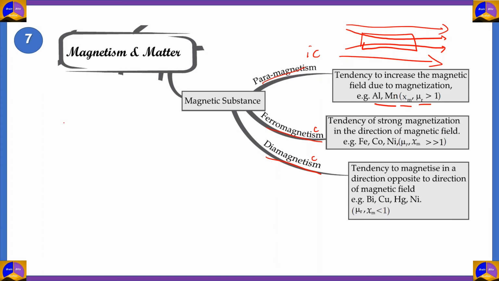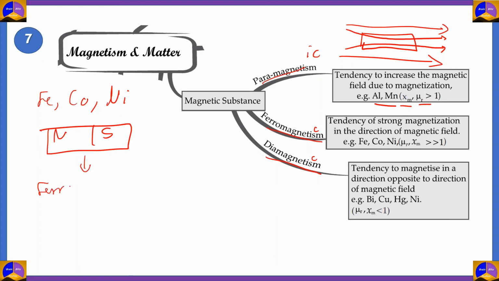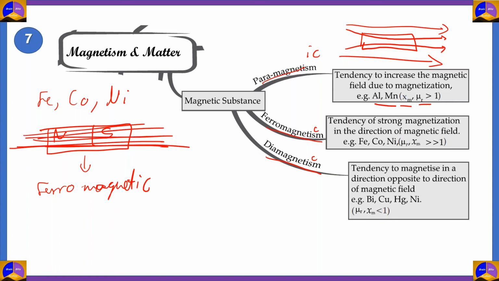Now, we know that there are some materials like iron, cobalt, and nickel, which form permanent magnets. And these permanent magnets and the materials that make them are ferromagnetic. Now, what is ferromagnetism? This is the tendency to form very, very strong magnetic fields through the material. So when a magnetic field is applied, very strong magnetic field lines form inside the material.